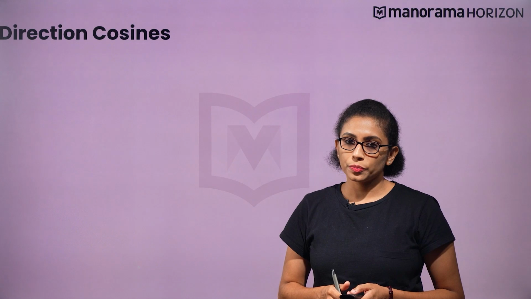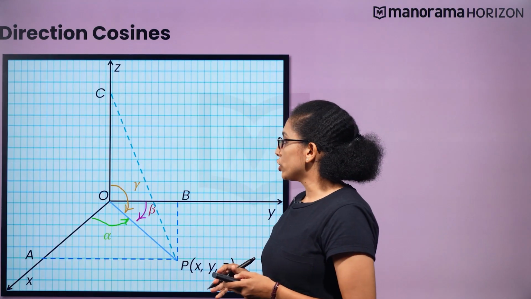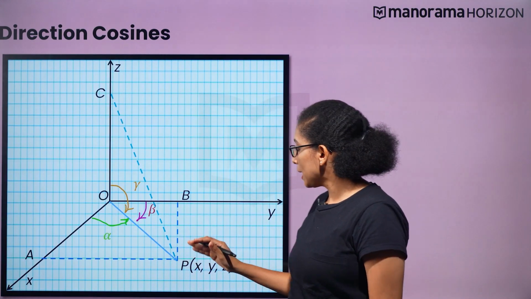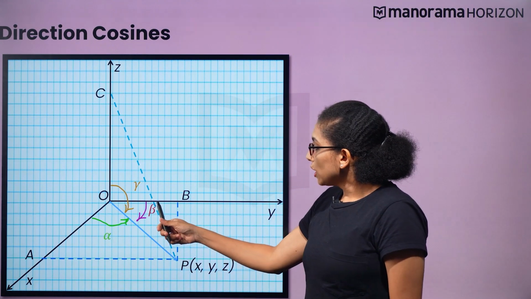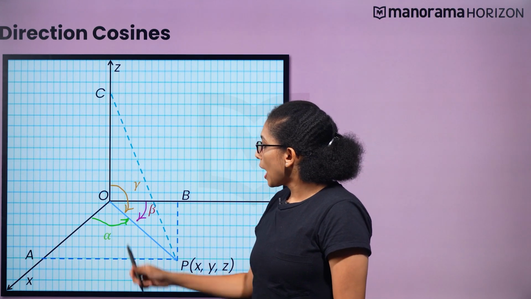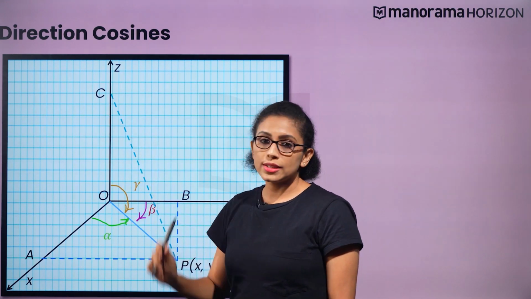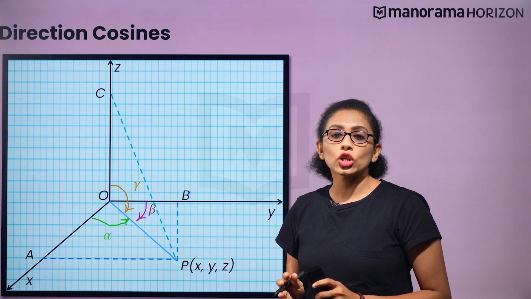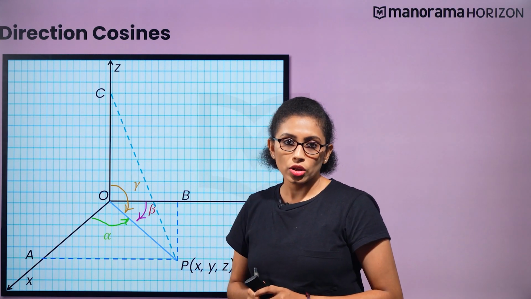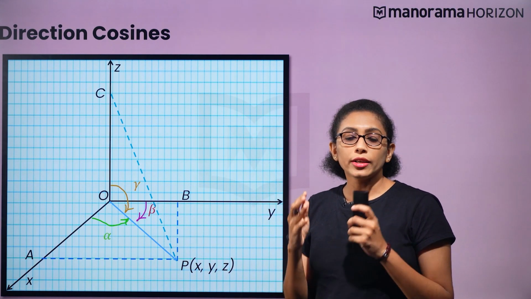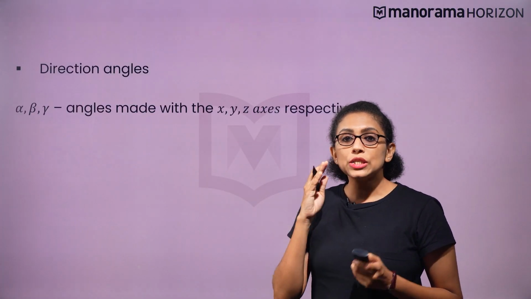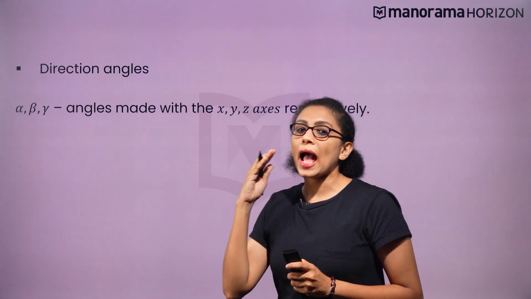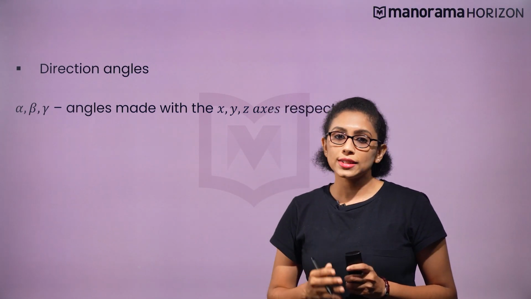Now, let's discuss direction cosines. The position vector OP makes angle alpha with x-axis, angle beta with y-axis and angle gamma with z-axis. And these angles are called direction angles. Also, we can define direction angles as the angles made by a straight line with the three axes of a rectangular coordinate system.